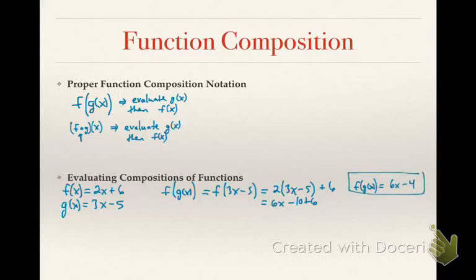Now just to show you that it does not always necessarily work the same if you flip them, I'm going to evaluate g of f of x. So what I'm going to do now is evaluate g at 2x plus 6. So g is 3x minus 5, so I'm going to do 3 times (2x plus 6) minus 5.